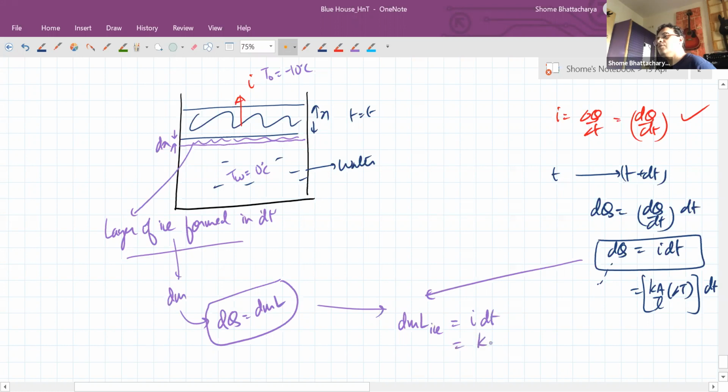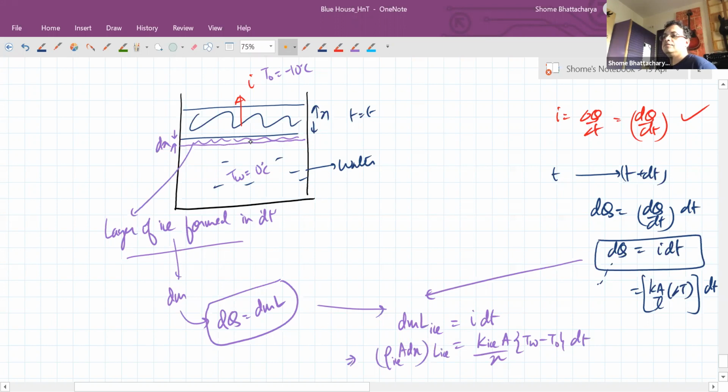So that is k of ice into area divided by x, because this L is now x, into that temperature difference, that is temperature of water minus temperature of surrounding, into time dt. So that is dm into L. Now dm itself is density of ice into area into thickness. So that's how we are getting this.